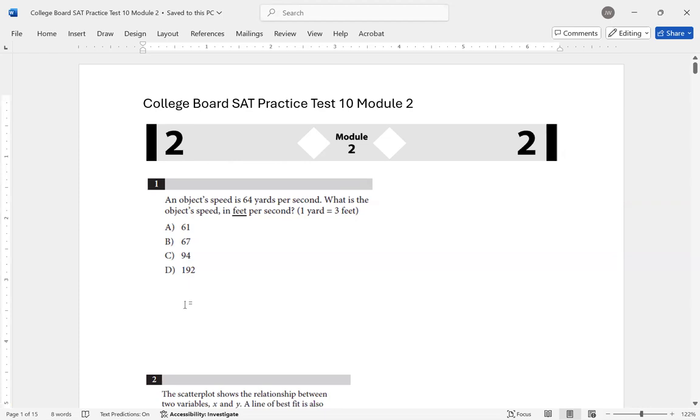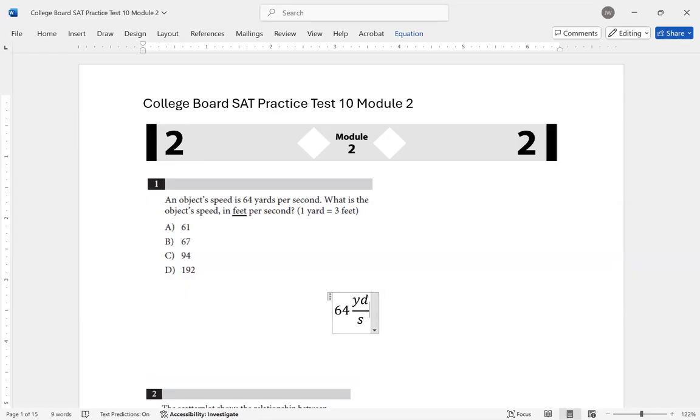An object's speed is 64 yards per second. What is the object's speed in feet per second? So what we do is think of 64 yards per second. We want to create something in feet per second.